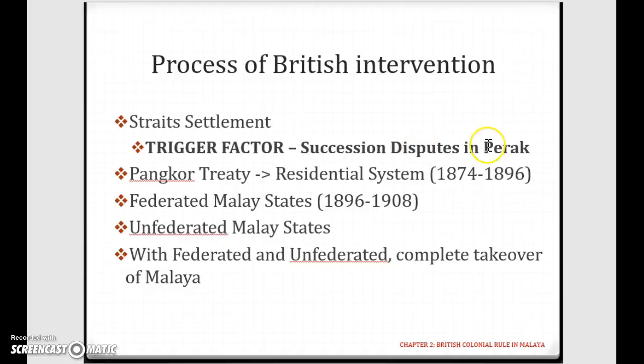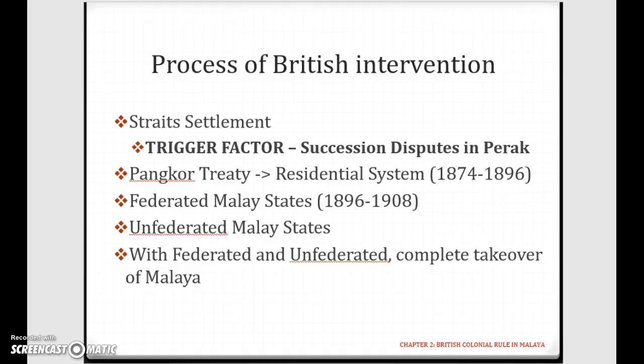So the succession disputes were the ones that we discussed as well, about the Sultan who died, and then his two other sons who wanted to fight over it. Sultan Ali was the one who died, and Raja Abdullah and Raja Ismail were the ones fighting to take over the position of Sultan.